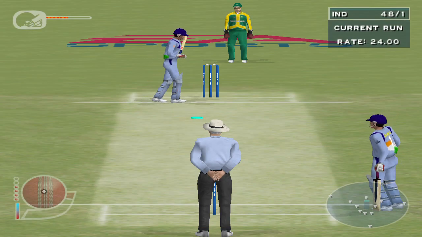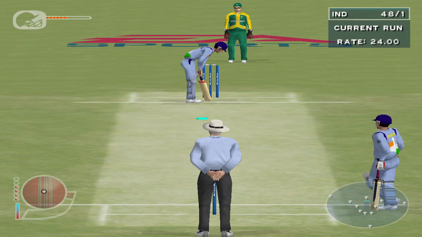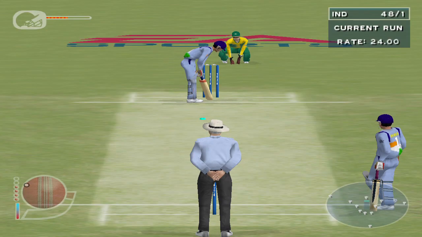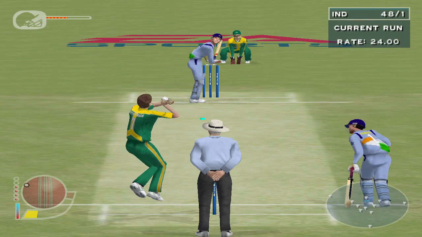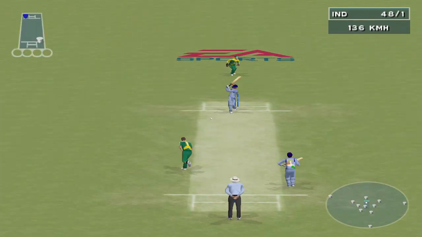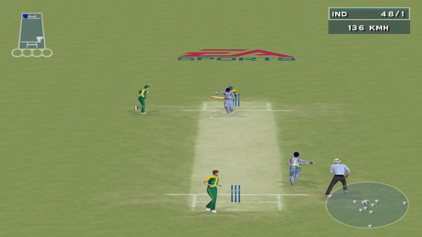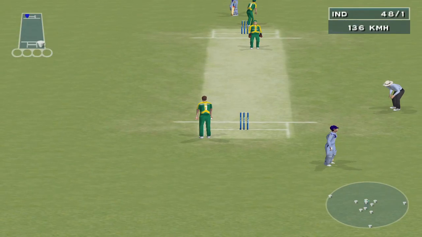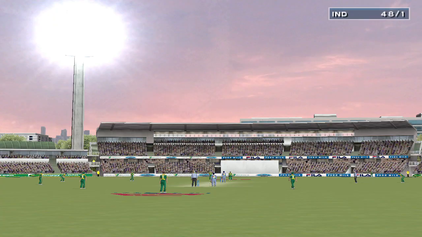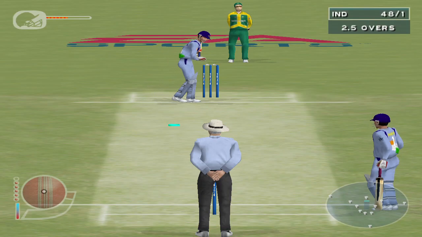Pollock to bowl to Ganguly. Run. No. Ganguly waiting at the striker's end.